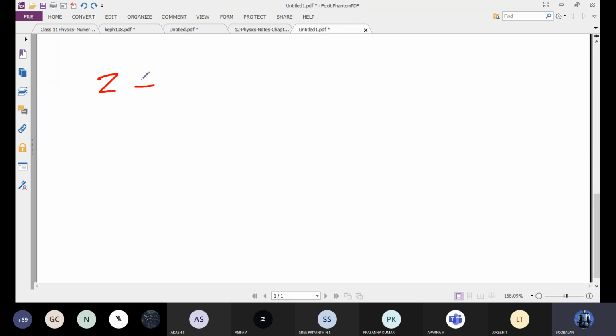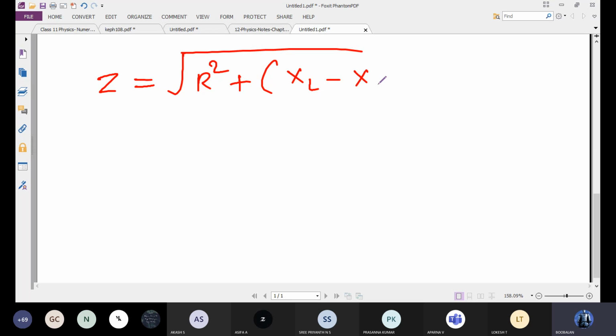Z equal to root of R square plus XL minus XC whole square. Please note down.